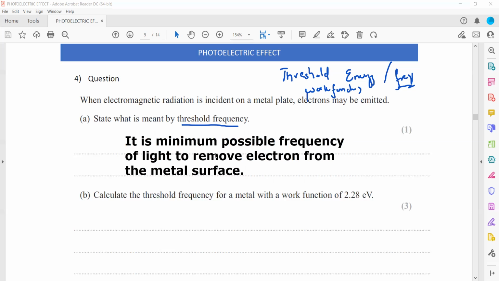So, for example, this is a metal. The light in the form of photons falls on the metal.